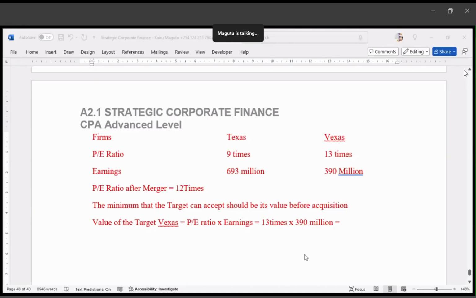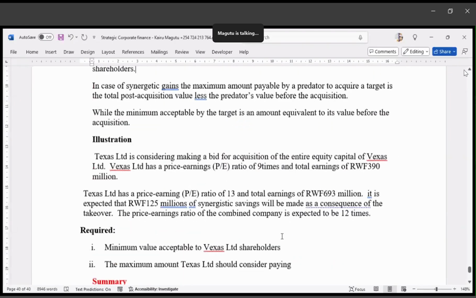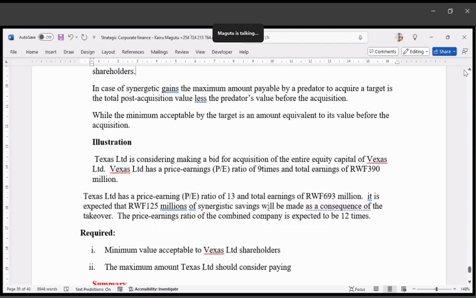A price earnings ratio of Texas is 13, not 9. No, but we are determining the one for Vexas. Let me confirm from the question. Texas Limited has a price earnings ratio of 13.